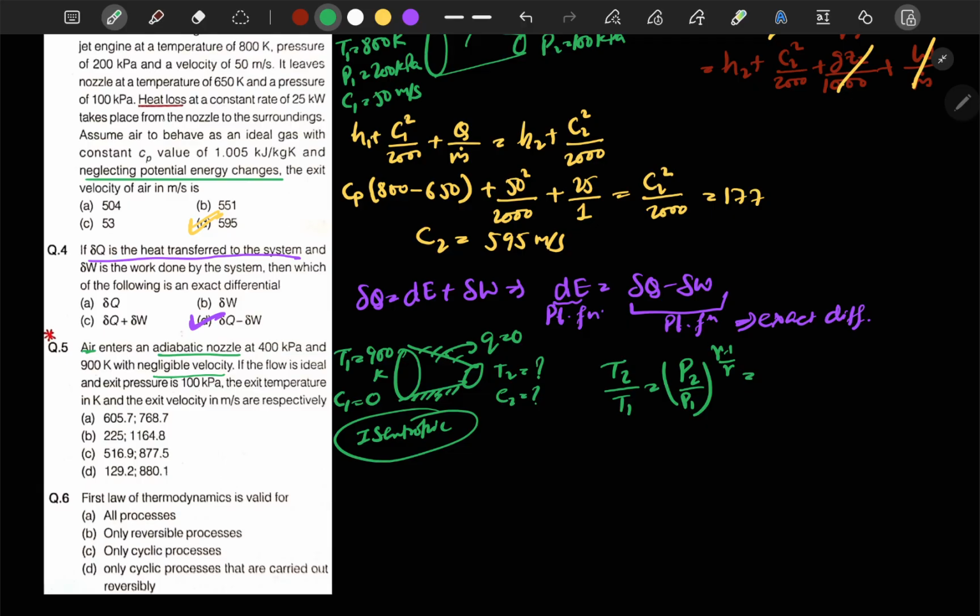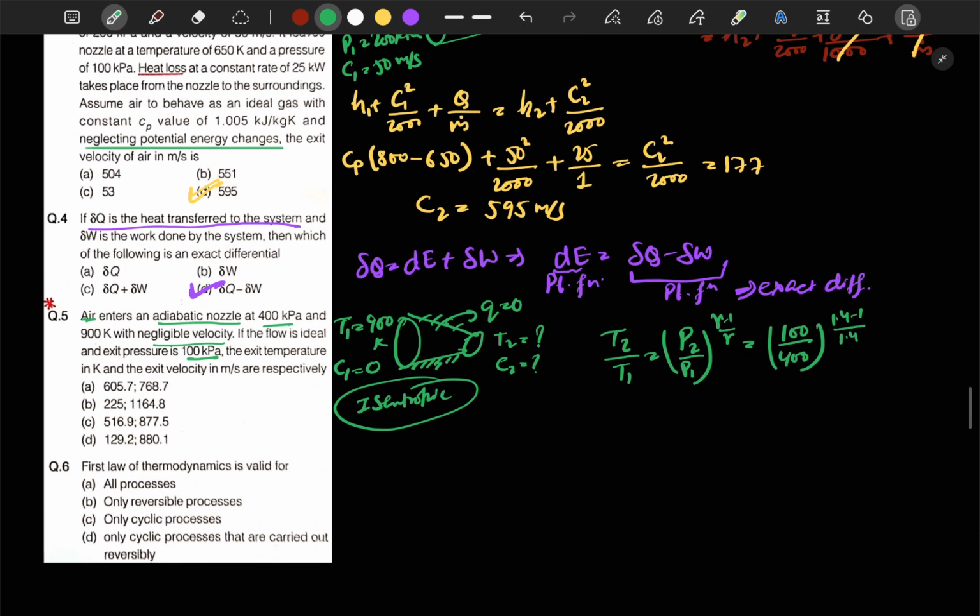P2, the exit pressure, is 100 and the entry pressure is 400. This will be 100 by 400 power 1.4 minus 1 by 1.4. When we calculate the value, T1 is given as 900, so we will get T2 is equal to 516.87 Kelvin. This is our temperature.